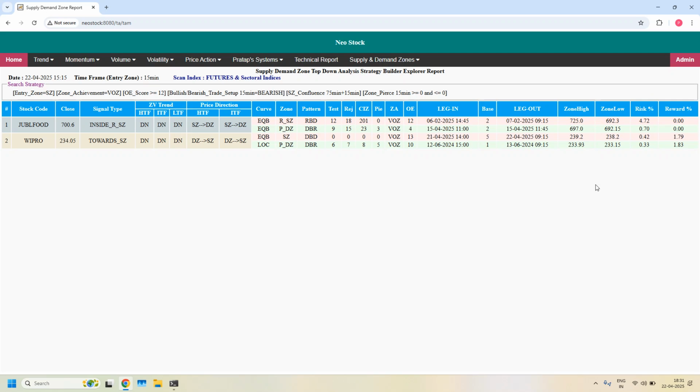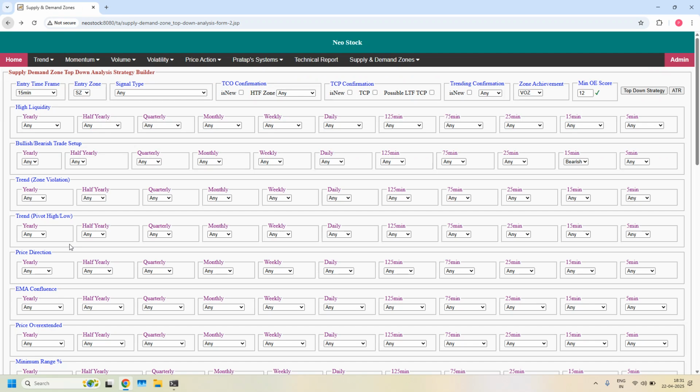With this filter, out of 3, we got 2 stocks. So these 2 15 minute supply zones overlapped with the 75 minute supply zone. And the 75 minutes trend is down. Let us check if any of the 75 minute supply zones have daily EMA confluence.